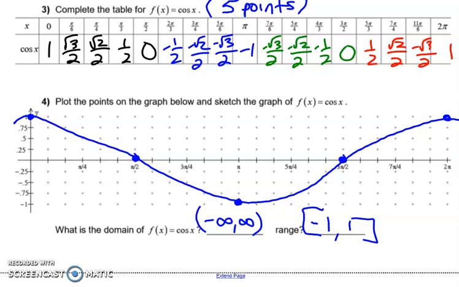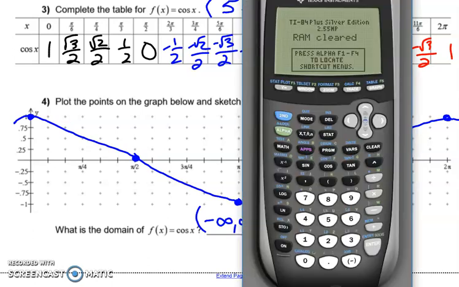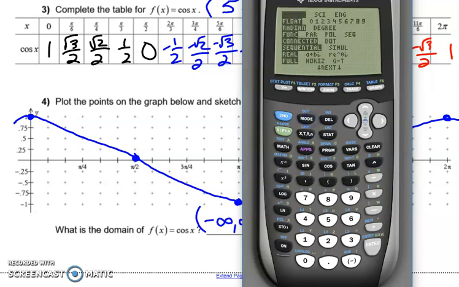So what I want you to do right this very moment is turn your calculators on. Press mode, and make sure your calculator is in radian mode. So if it's not, just go to radians, make sure you highlight it, press enter.